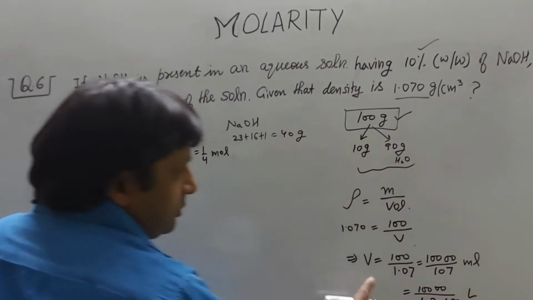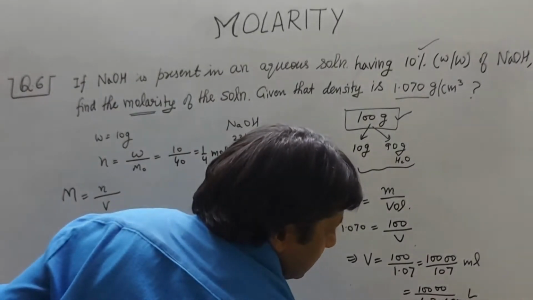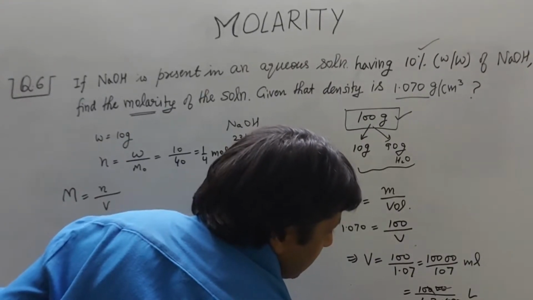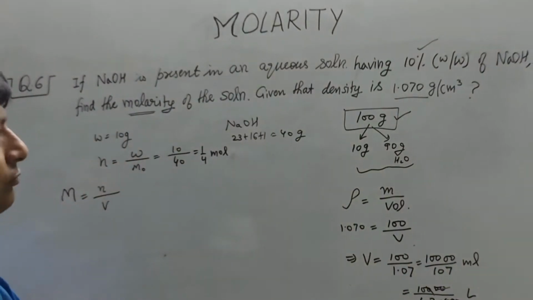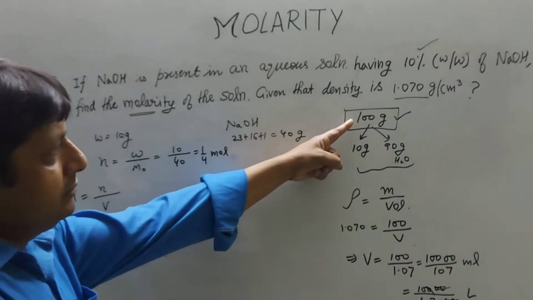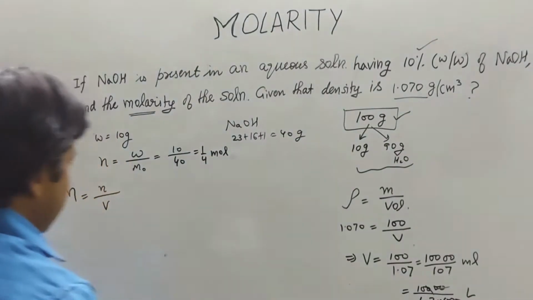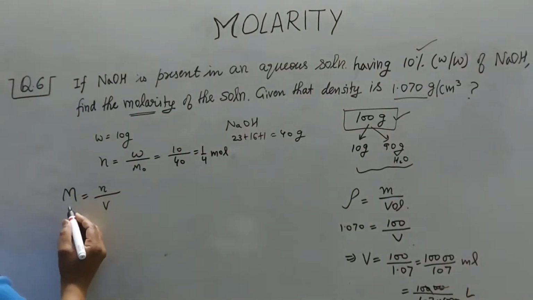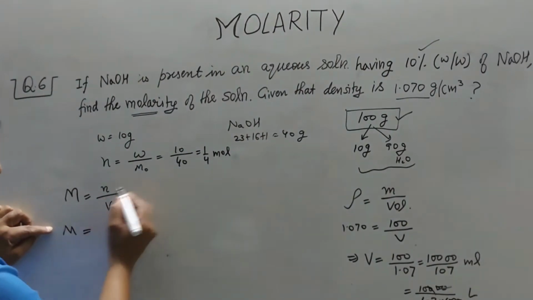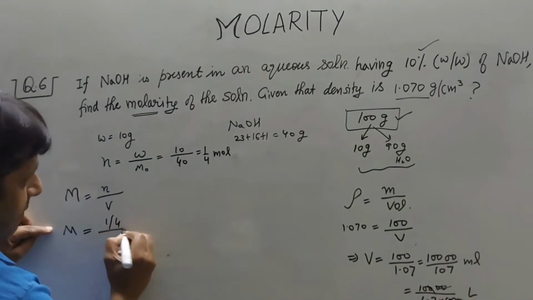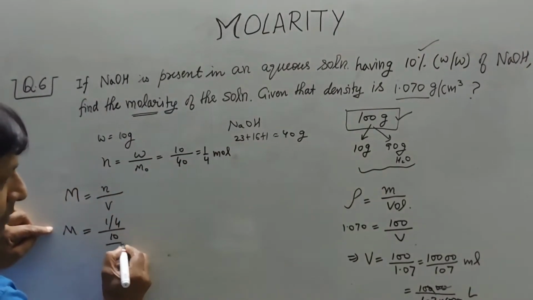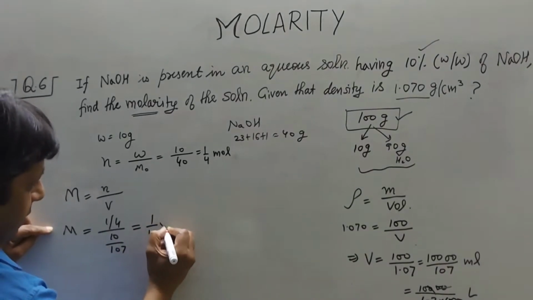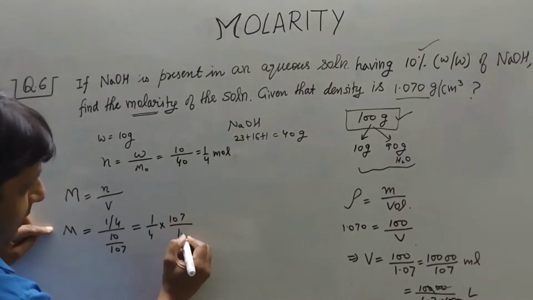To get volume in liter, this is equal to 10 by 107 liter, which is the volume of the solution, which is 100 gram in mass. Now we have found the volume also in liter. Molarity we have to find, number of moles is 1 by 4 divided by volume 10 by 107, that is equal to 1 by 4 into 107 divided by 10.